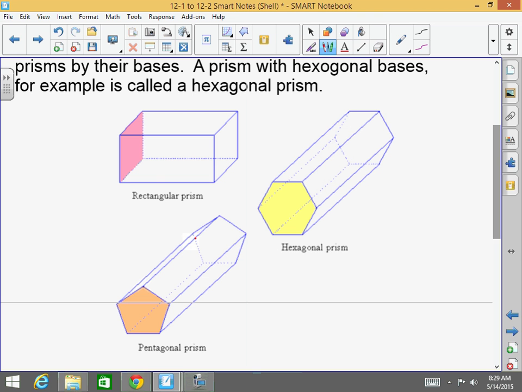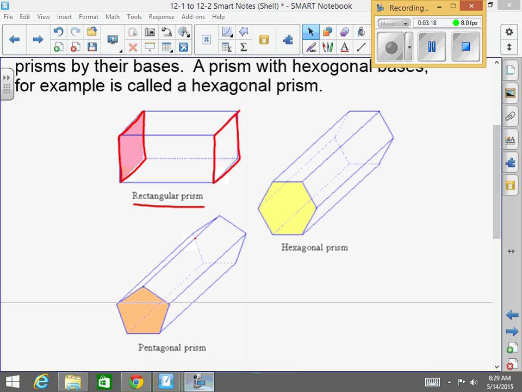So in this particular case, in this rectangular prism, I've got this right here and this guy right here. I am choosing to make my bases because they're parallel to each other and they're congruent. Let me show you this in real life.